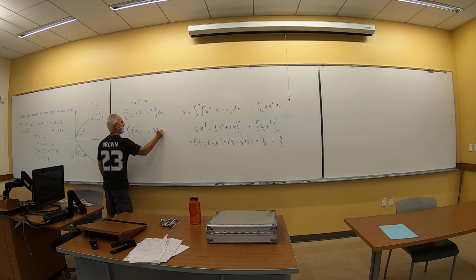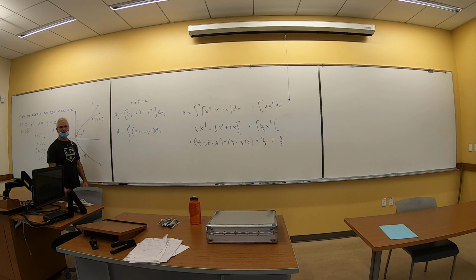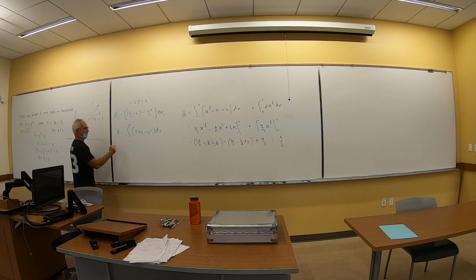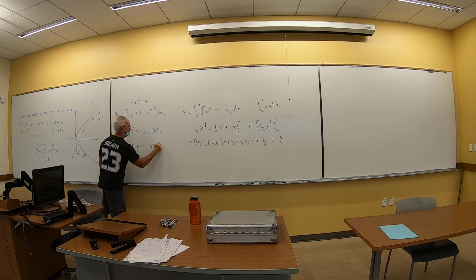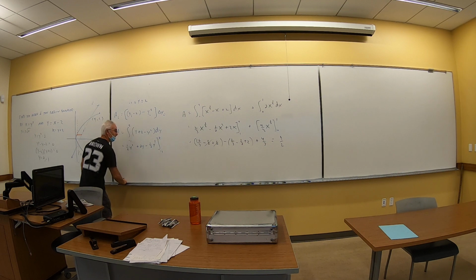So is my area simply the integral from -1 to 2 of y plus 2 minus y squared dy? Huh. Well, that looks a lot friendlier for one, no roots. So that would be 1/2 y squared plus 2y minus 1/3 y cubed from -1 to 2.